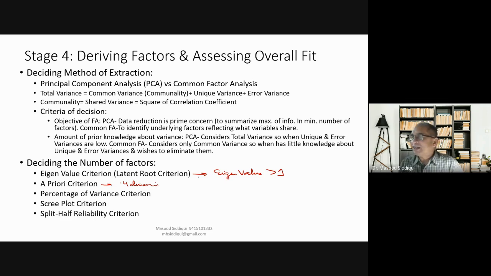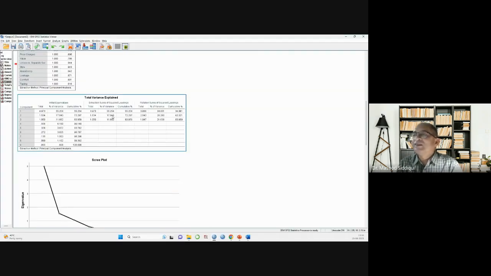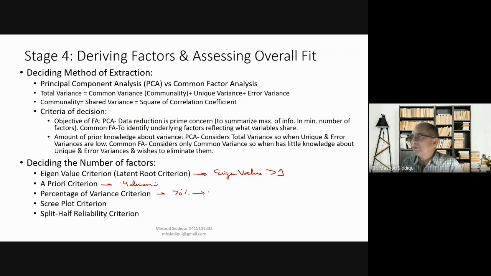Suppose we want 70% of the variation only, right? Then how many factors do we recommend? We recommend the number of factors as 2, right? Then we recommend the number of principal components as 2. Suppose we have a criterion of 80%. Then we recommend that the number of principal components should be 3.